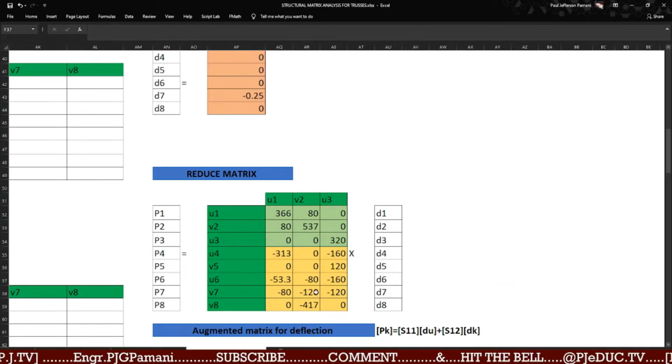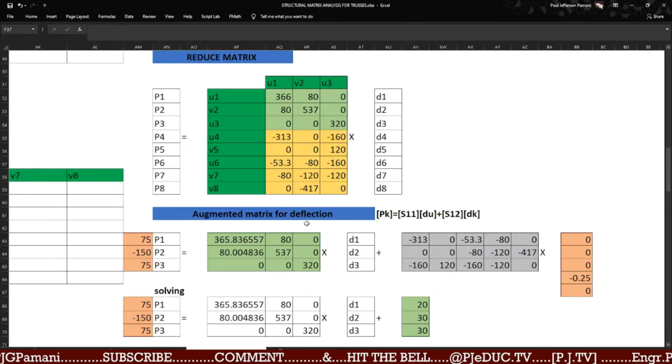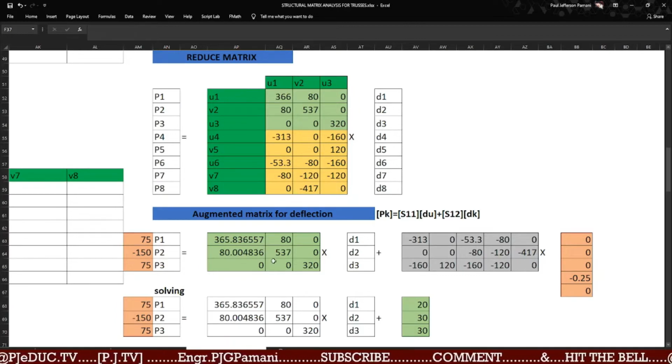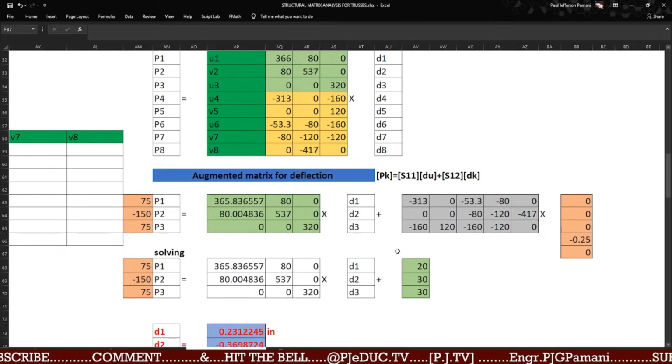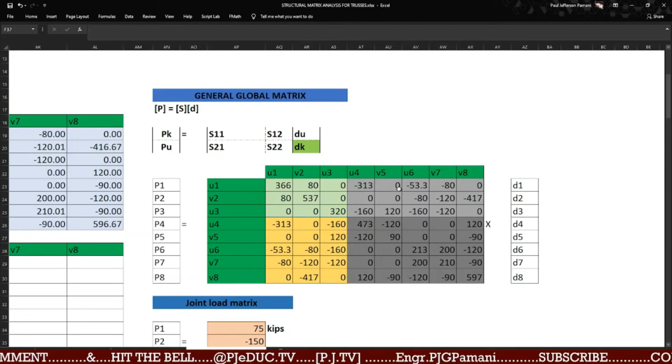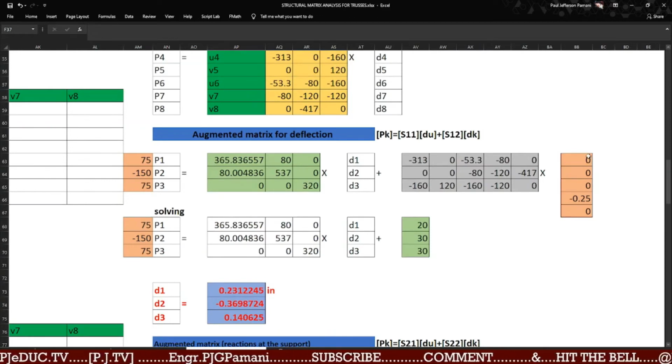Then we can perform the augmented matrix for deflection. Again, the augmented matrix for deflection: the known forces P1, 2, 3, equal to the 3 by 3 matrix times the unknown deflections D1, D2, and D3, plus the augmented matrix on this section, U4 to V8, times the known deflections D4, D5, D6, D7 of negative 0.25, and D8 of 0.